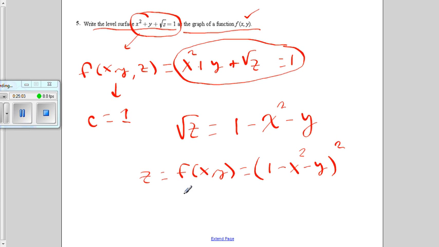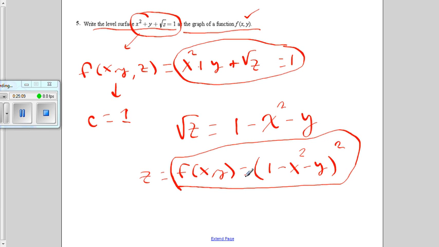So here is our three-dimensional equation which describes the level surface of my 4D system when my dependent variable is 1.